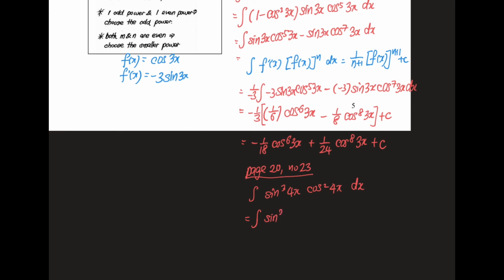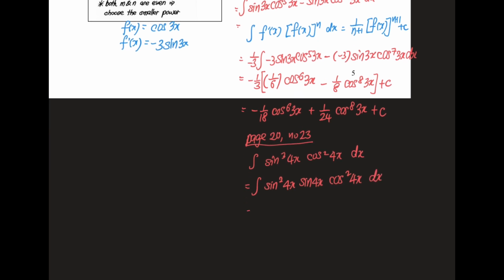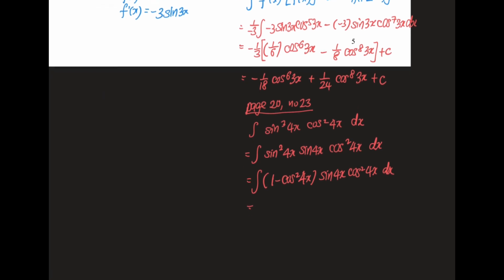We change it to sine square 4x and sine 4x. Then we apply the odd power identity, which is 1 minus cos square 4x. So we write back the rest and expand it.